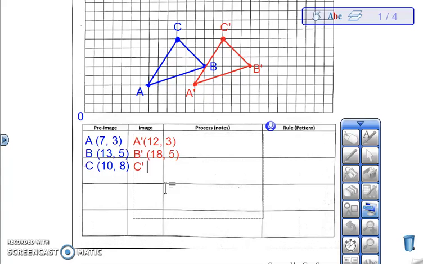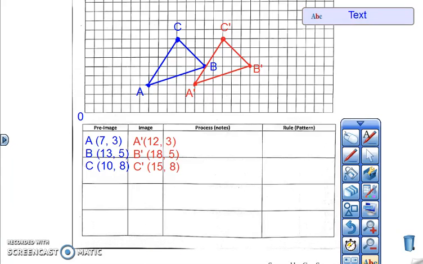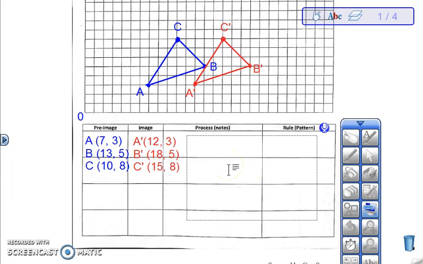And C prime is about 15 and 8. So what did we do here? We translated our figure. We moved it right, and we went 5 spaces.